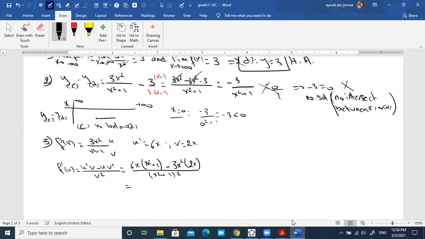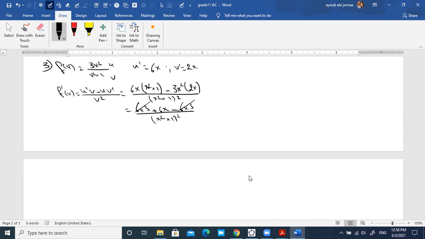Simplify this: 6x power 3 plus 6x minus 6x power 3, these cancel each other, over x squared plus 1 squared. Then it is equal to 6x over x squared plus 1 squared.